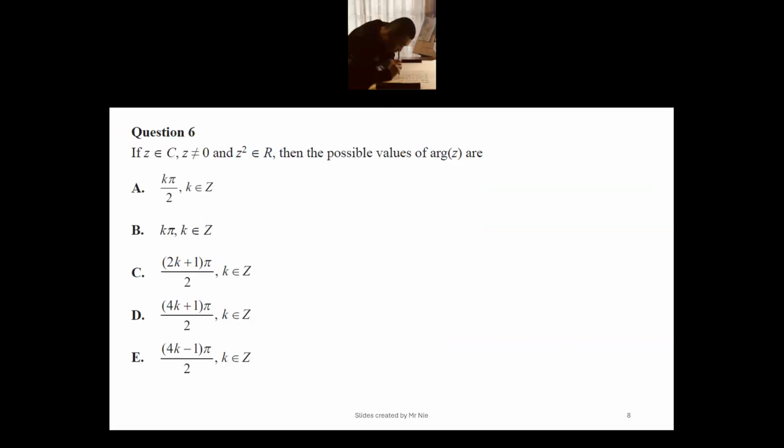Question 6. A complex number z is not equal to 0, and when you square it, it's a real number. We would like to find the possible values of argument z. Notice this argument is a non-principal argument, so we can take any real values.